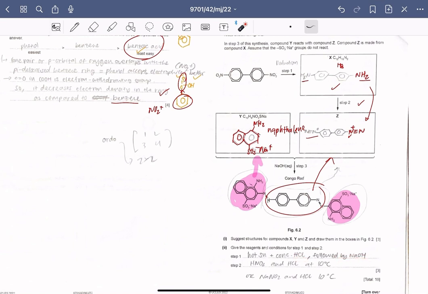The answer key, if I'm not mistaken, doesn't say followed by NaOH, but it's recommended that you state followed by alkaline conditions. Then step 2, HNO2 reacts with HCl at 10 degrees Celsius or less, to prevent any mixture of products, or you could say NaNO2 plus HCl at 10 degrees Celsius.